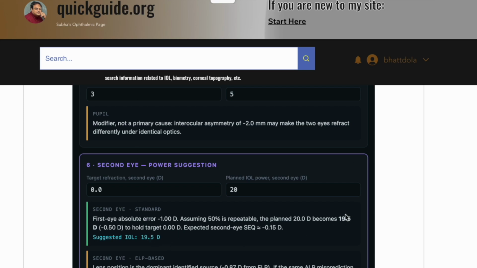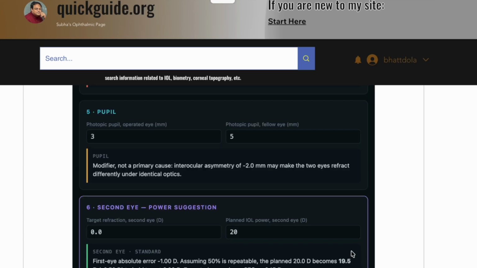And this actually takes into consideration your first eye refractive outcome. So with the 20 diopter in the first eye, you will remember you had a -1 diopter of myopic prediction error, and therefore it takes that into consideration. And now that you have a second eye emmetropic power target, it takes that into consideration and throws you up a new power.